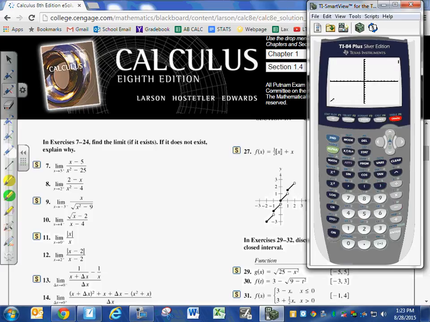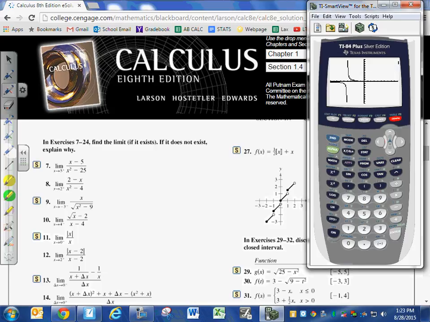Up until now, you should know how to find limits using a calculator. Obviously, I graphed more than one. Let's get rid of this top one. This is for later.